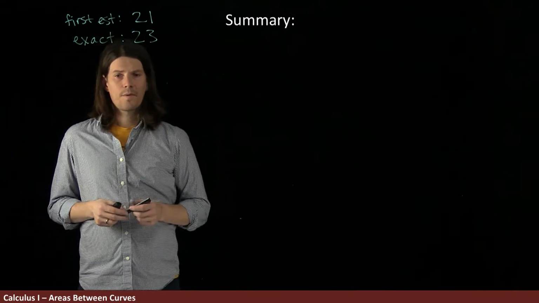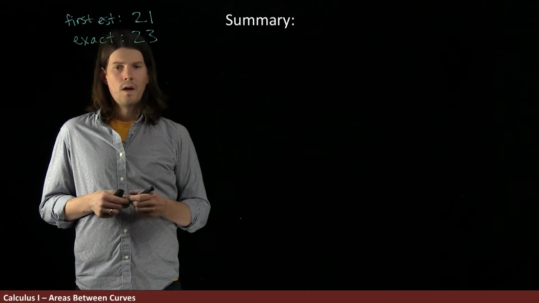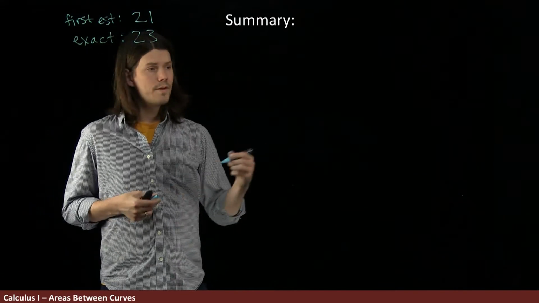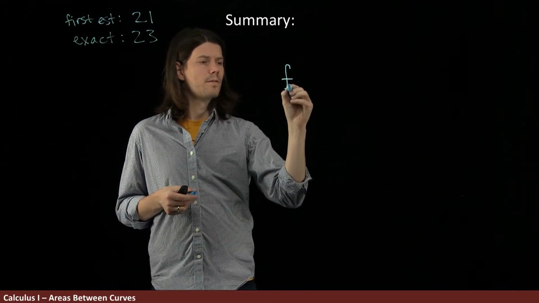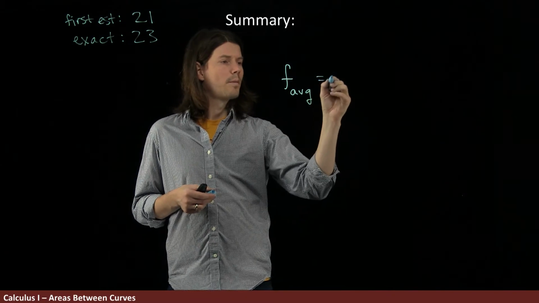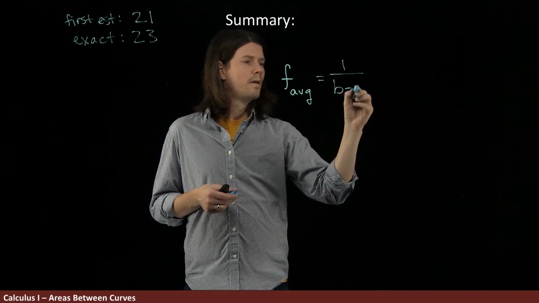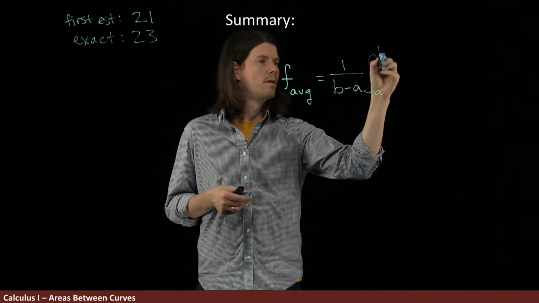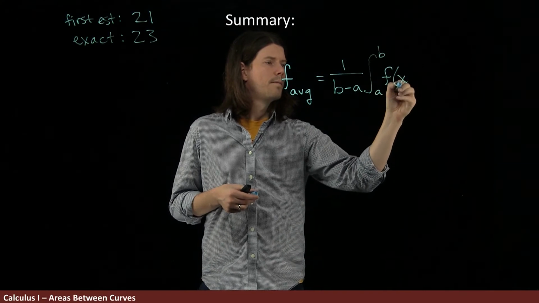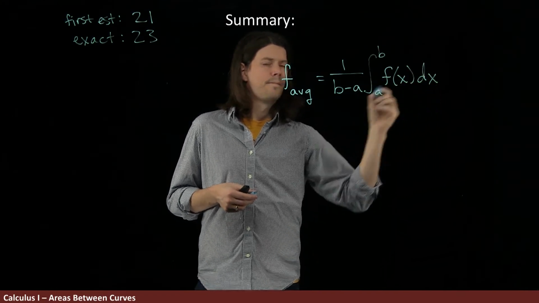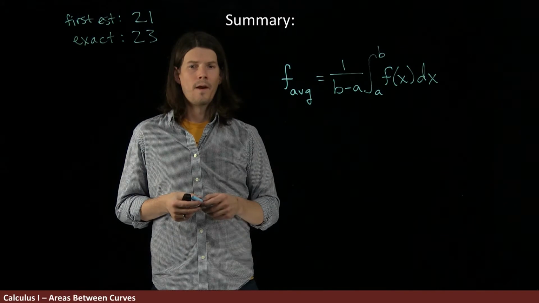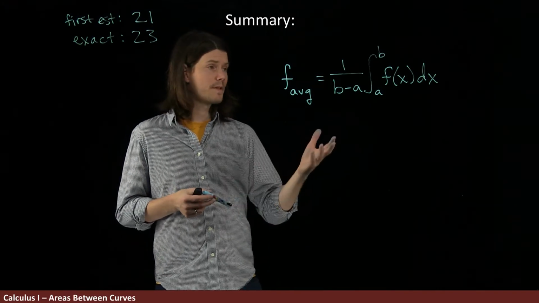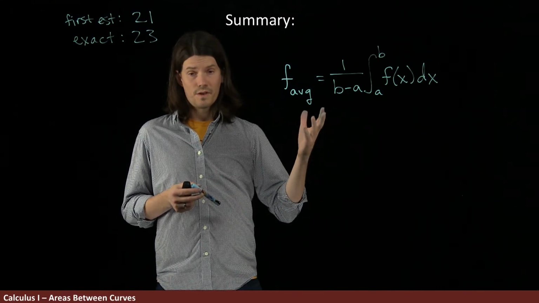So that's how we find the average value of a function. Again, to remember what we need to do, it all comes down to a simple formula. We spend a lot of time building up to this formula, deriving it and showing why it works.